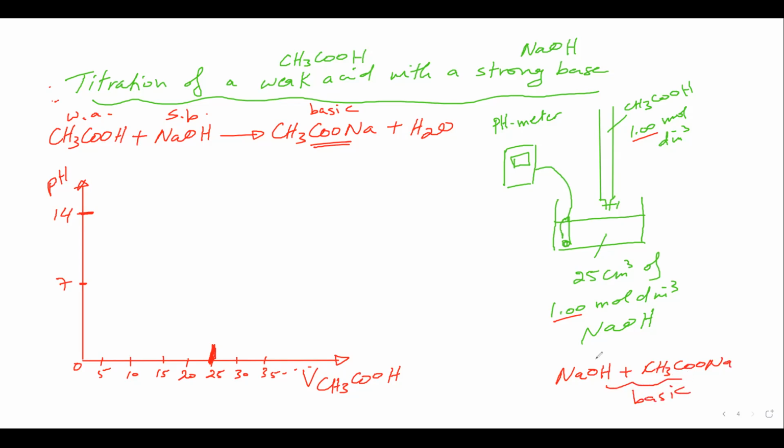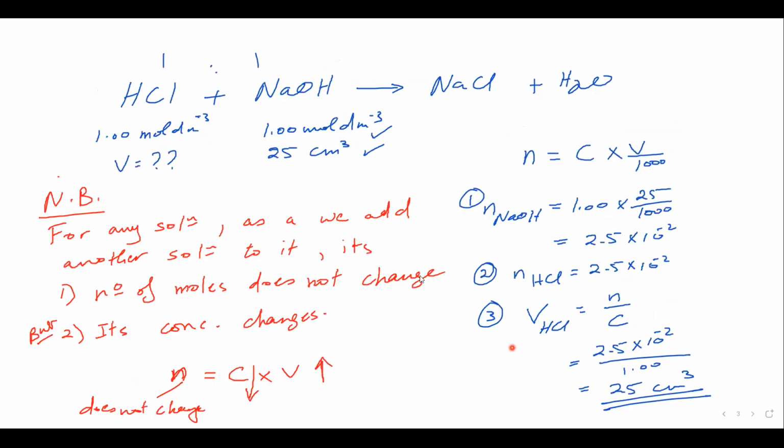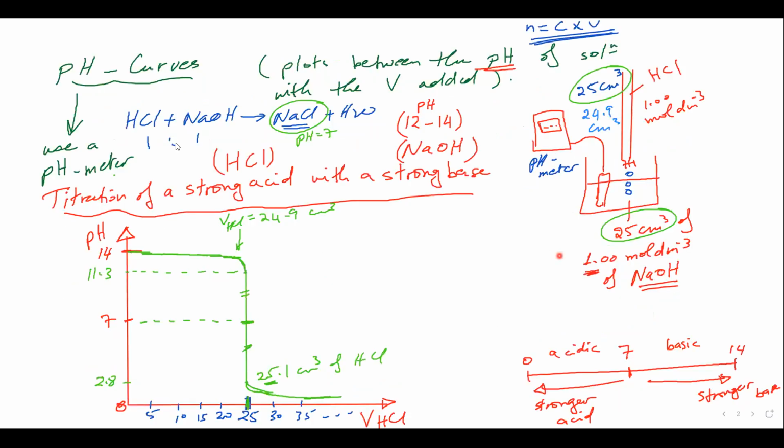And so we will see that the pH nearly does not change. Although the solution is also getting dilute, in the previous example, when we reacted HCl with sodium hydroxide, the sodium chloride salt that was formed is neutral. So it didn't raise or decrease the pH.